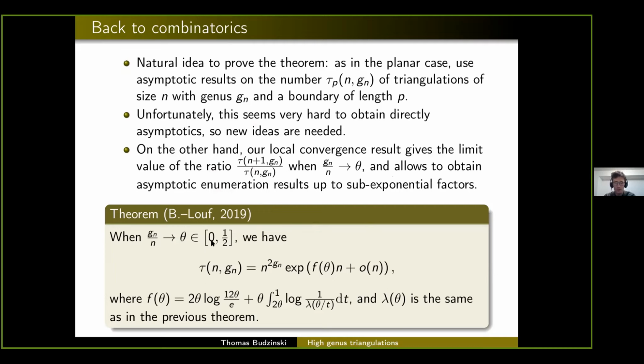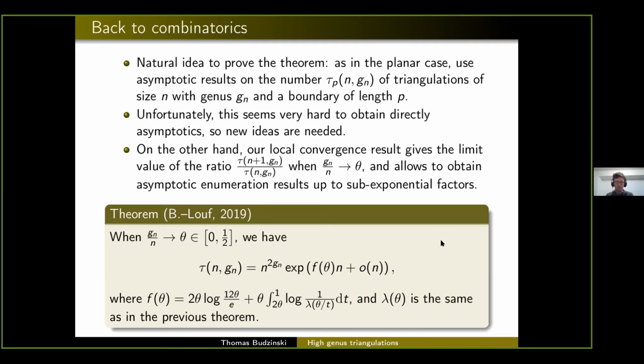So if the genus is roughly theta times n, then the number of triangulations of size n and genus g is roughly n to the 2g times the exponential of n times some function f of theta. And then we have something that is sub-exponential in n, but that we don't know how to control. And this function f is pretty explicit.